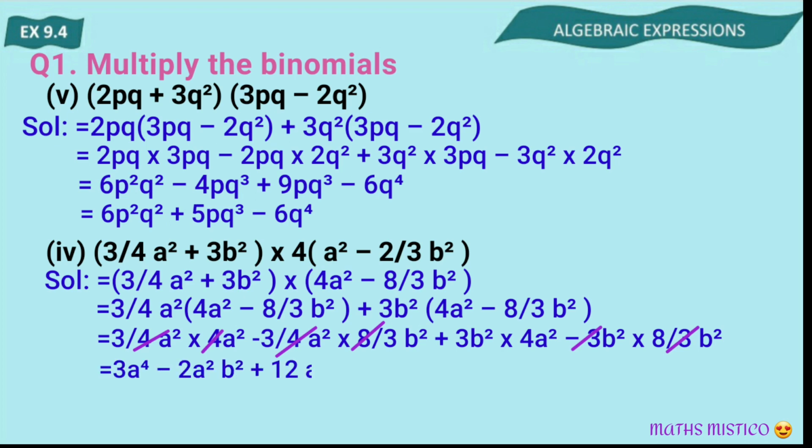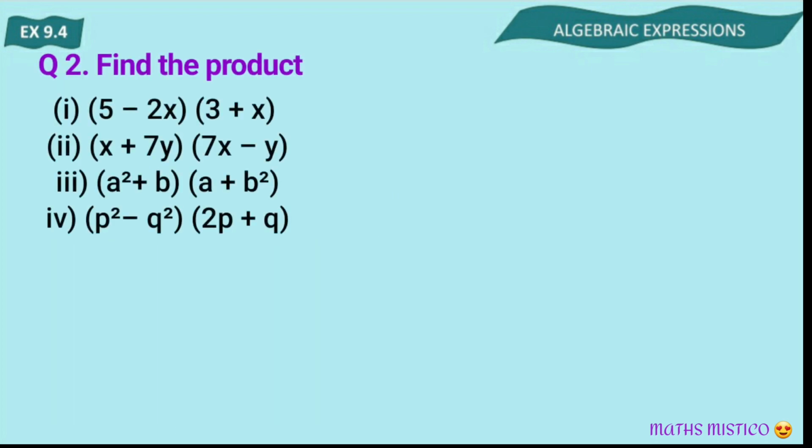We have 3a raised to power 4 minus 2a square b square plus 12a square b square minus 8b raised to power 4. Aren't these like terms? So add them quickly and we have this as the answer.